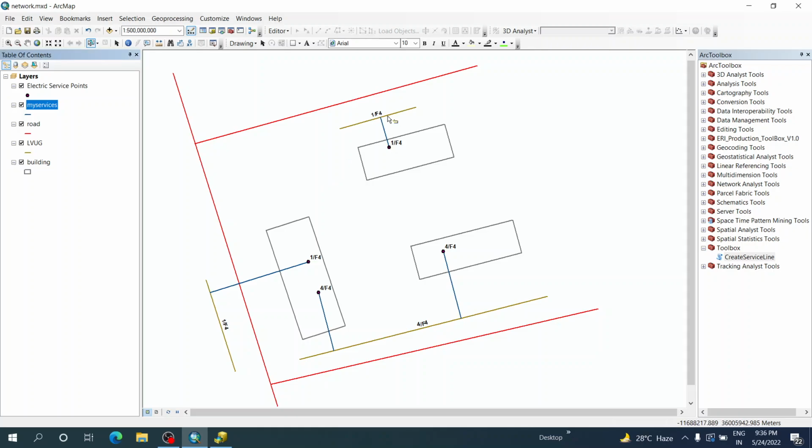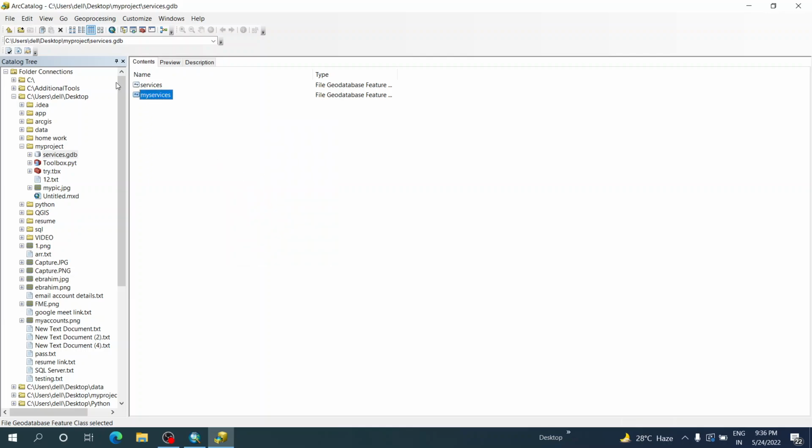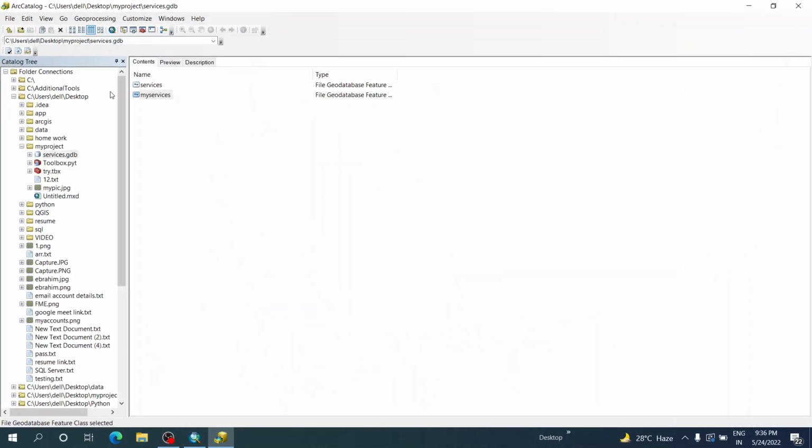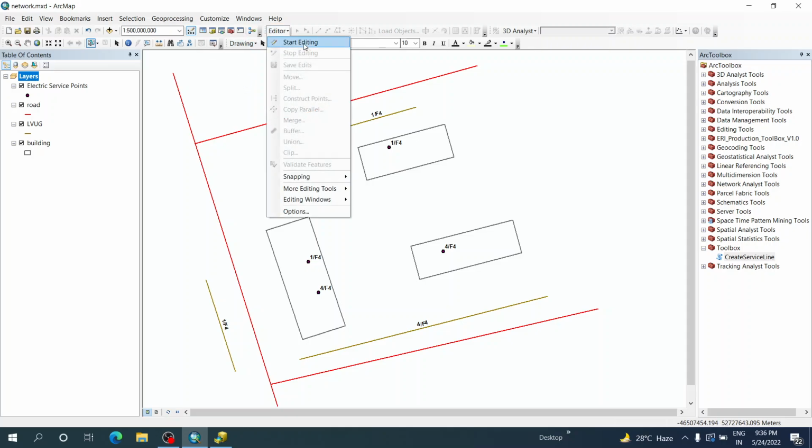This is nearest here, so it is connected here, but with the same feeder. Suppose any other feeder is here also, it will not be connected to that feeder. I will show you what I mean. I will remove it from here. So what I told is that if any other feeder is going here, for example, I will create one more feeder here.